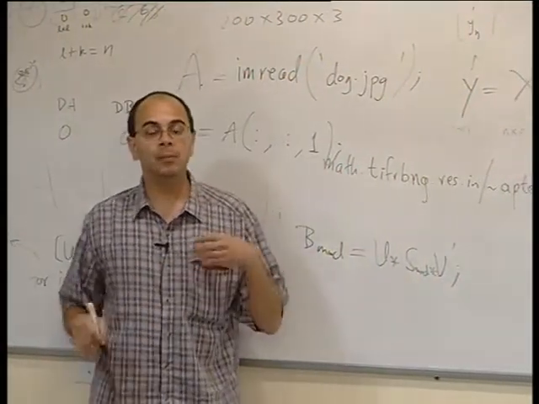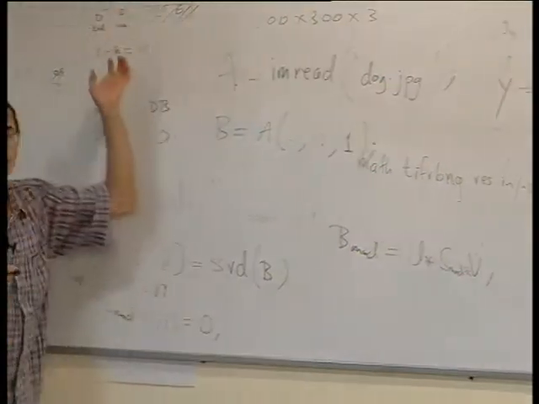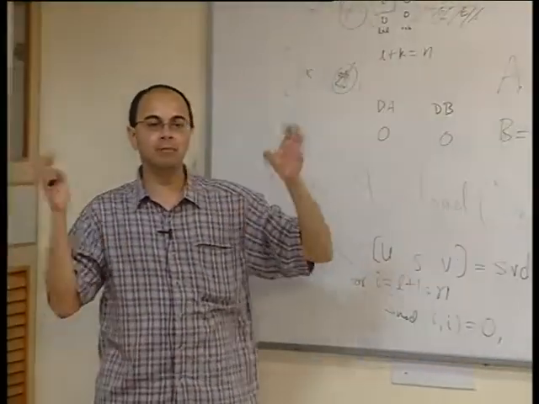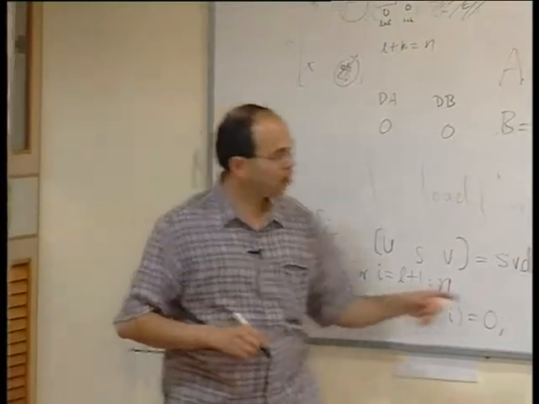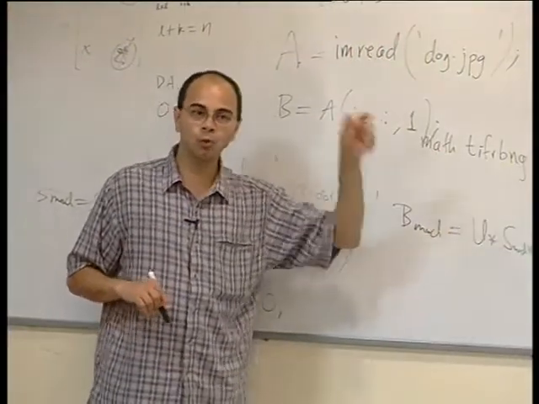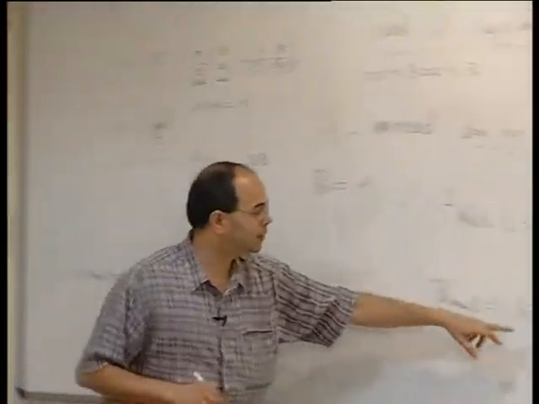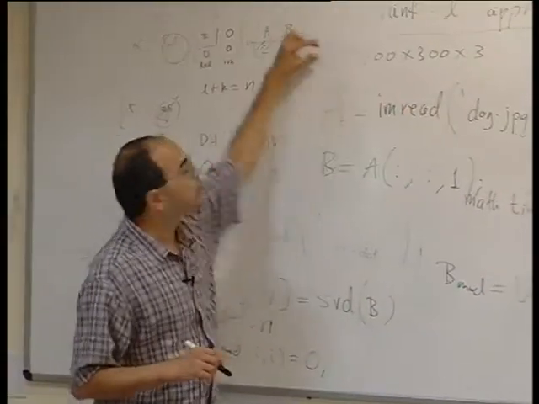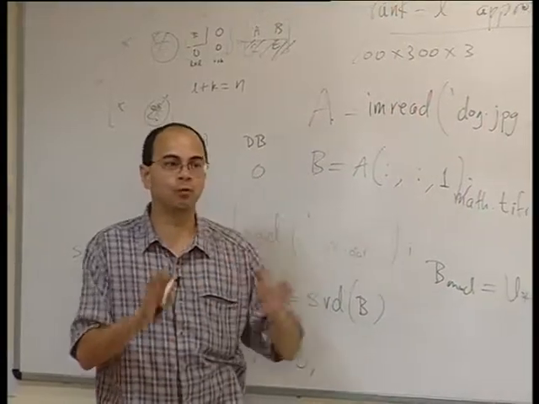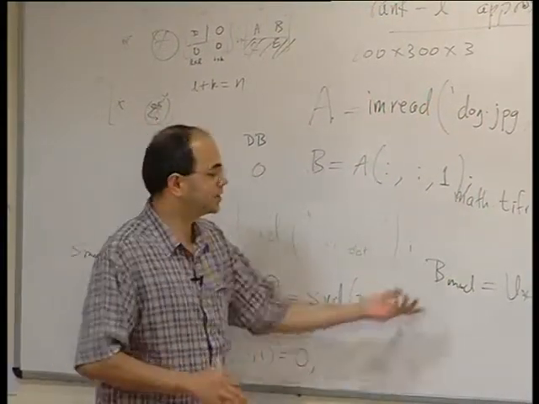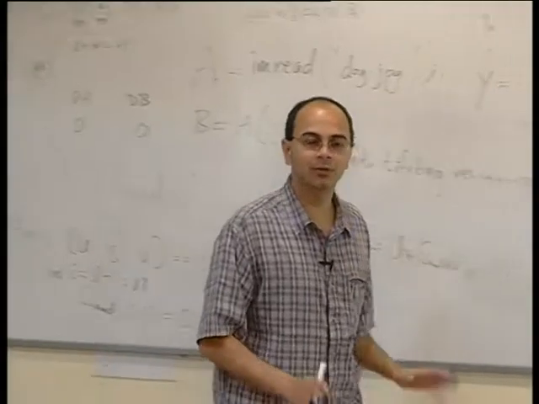Of course, the main aim of setting these to 0 is to deal with smaller matrices, which means you can form from U a U mod with only these columns, and from V only the ones which are there. If you want, you can do that as well, but because they are 0, the answer is going to be the same anyway, so it's up to you.